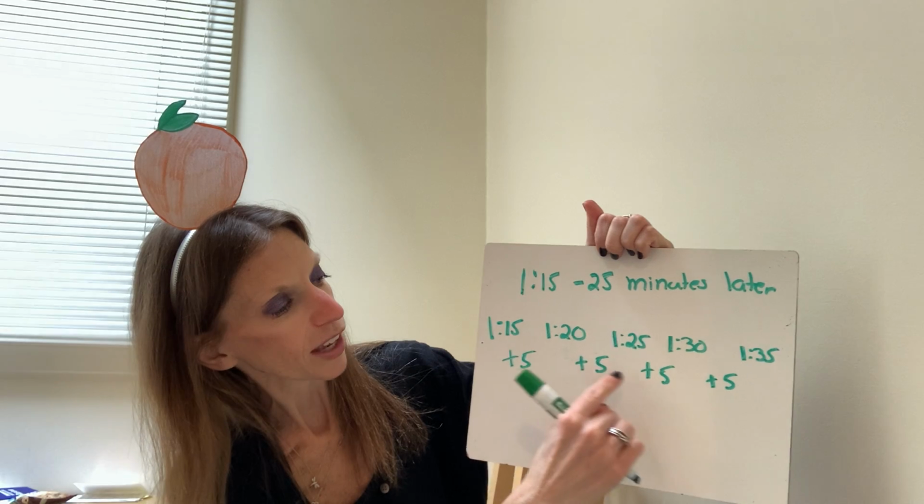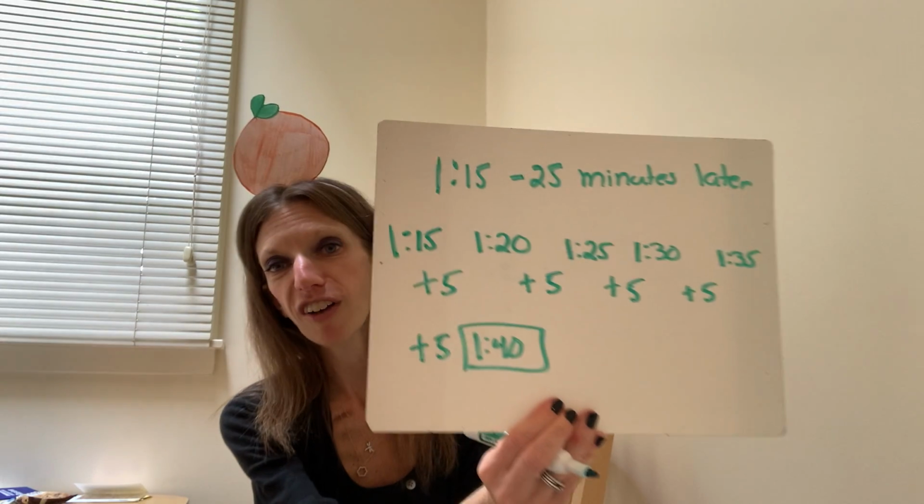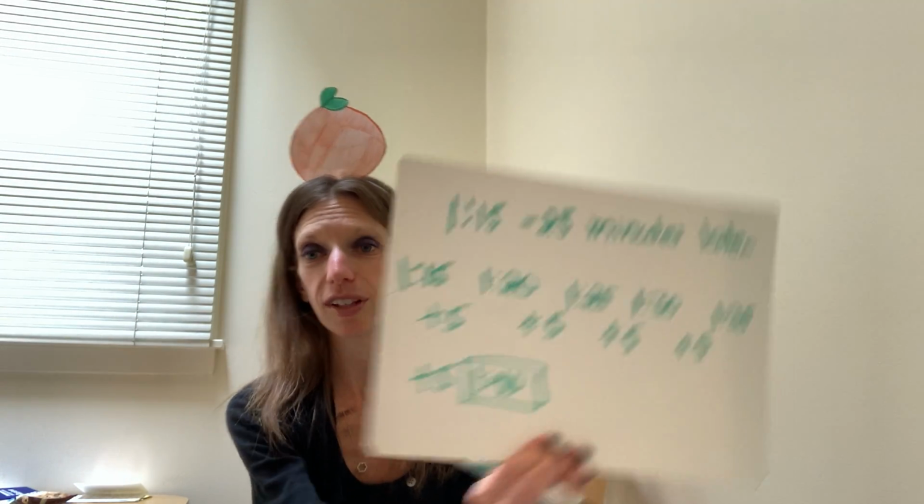We have 5, 10, 15, 20. Oh, just one more, plus 5. So plus 5 would be 1:40. So what time is it 25 minutes later? It's 1:40. So you were able to find 25 minutes after 1:15.